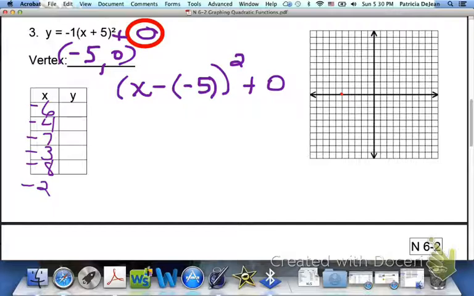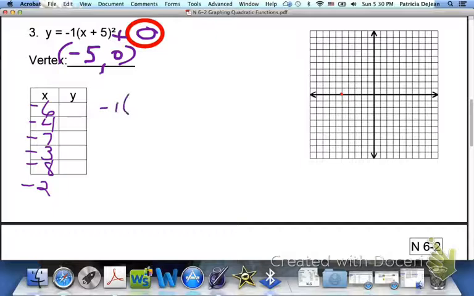All right, so let's plug these into our equation and look at what we have. We have negative 1 times negative 6 plus 5 squared plus 0. So negative 6 plus 5 is negative 1. Negative 1 squared is positive 1.